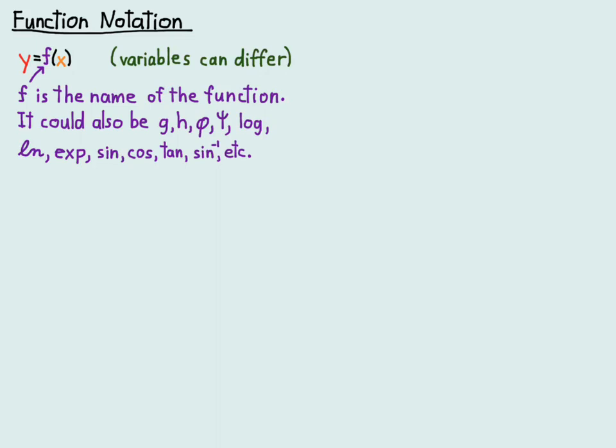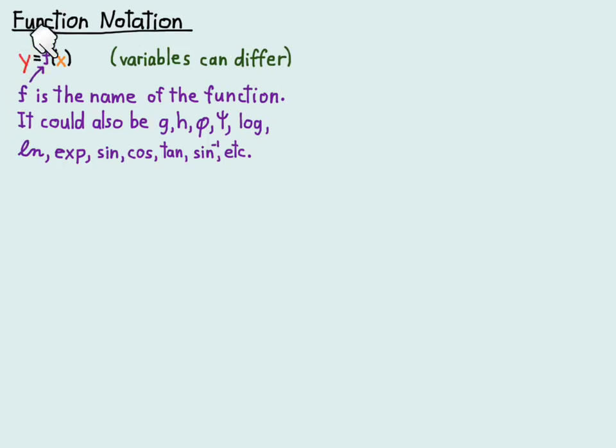Then we use this Greek F called phi. This is a psi, psi. It's commonly used. Log is sometimes used if that's a specific kind of function, a logarithm function. This is ln, that's a natural log.